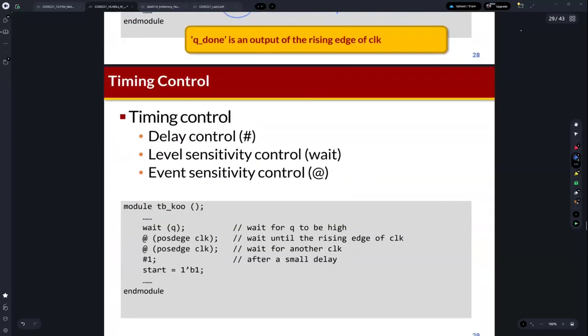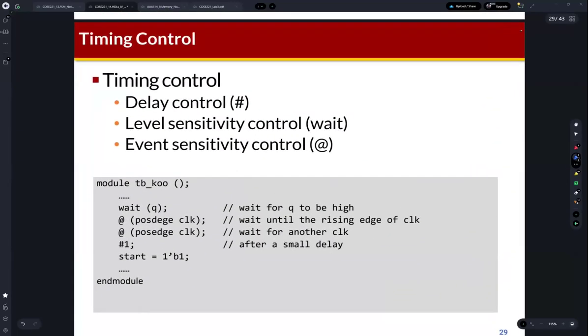So, let's learn about the timing control in the test bench. This is actually not an easy part. You can find many timing related syntaxes, right? I mentioned that these timing related syntaxes are unique features of hardware design.